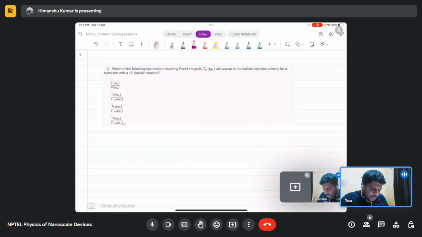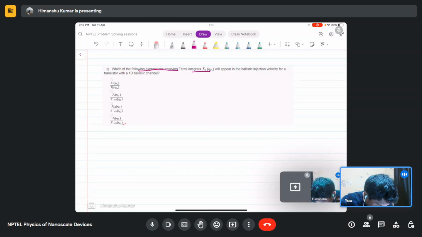The second problem asks which of the following expressions involving Fermi integrals will appear in the ballistic injection velocity for a transistor with a 1D ballistic channel.